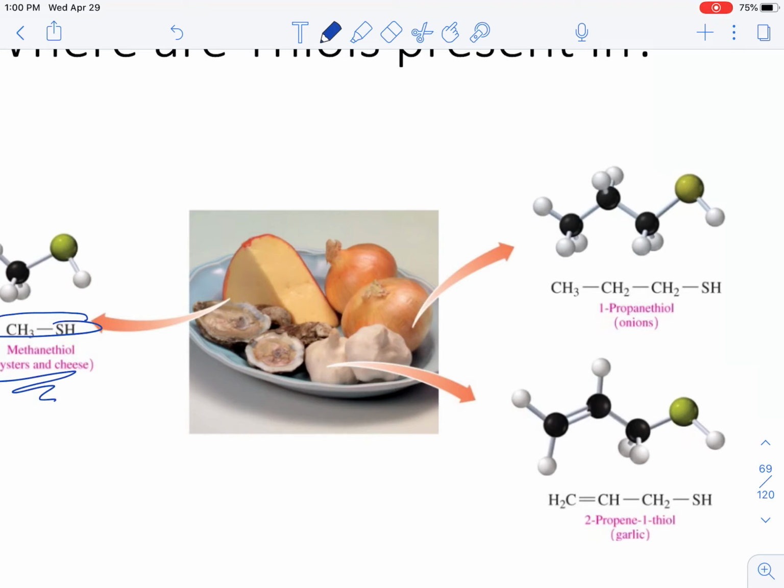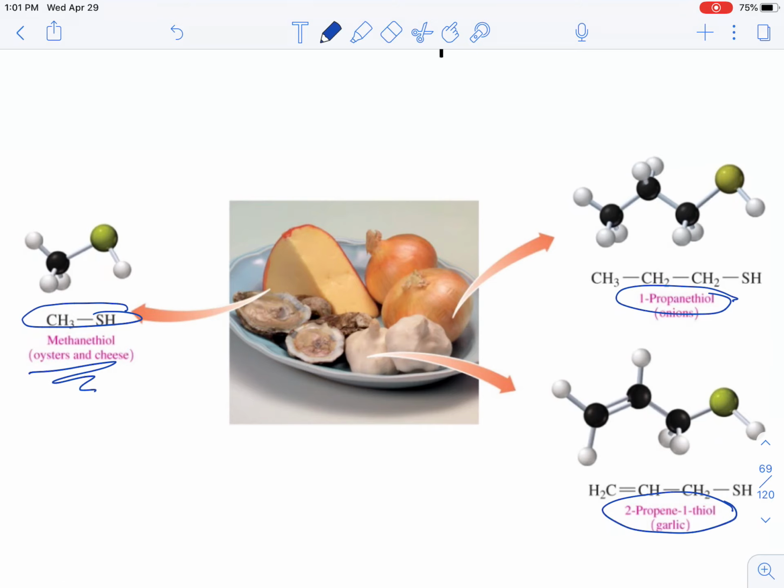Garlic and onion, that strong odor that we get from onion and garlic, is coming from another organic compound that contains a sulfhydryl group. In this case, we have 1-propane thiol in onions and 2-propene 1-thiol, which is going to be garlic. So it's pretty interesting.